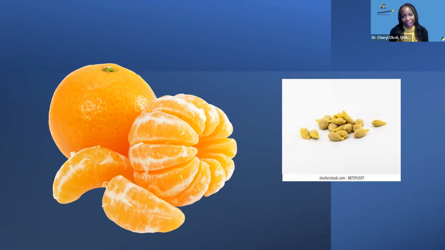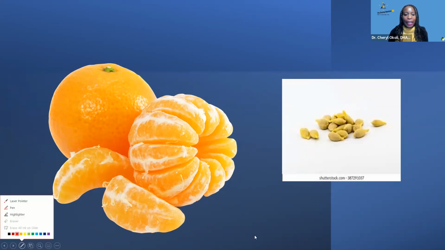Now, on the right-hand side, we have a picture. What comes to mind when you see that picture? For some of you, it might be, I see seeds. If you said seeds, you're correct. To be specific, those are actually orange seeds.